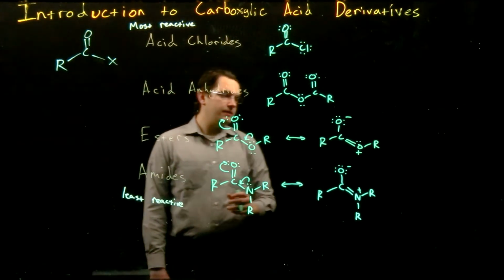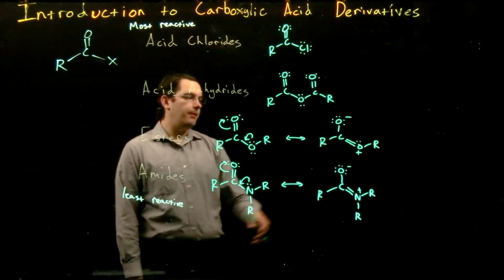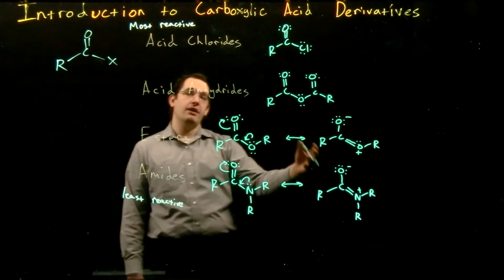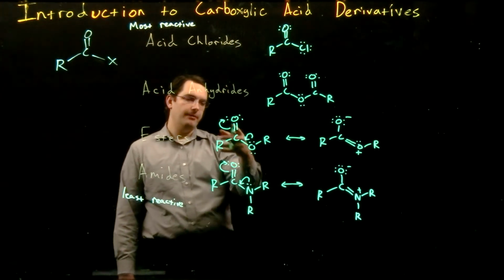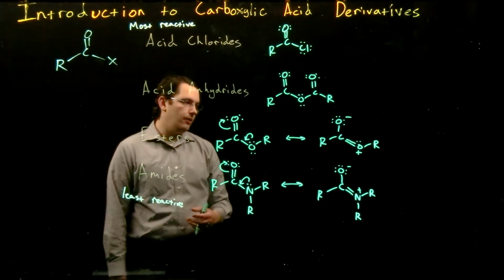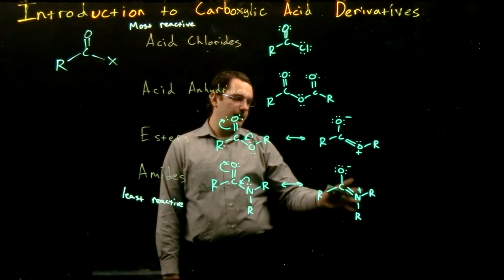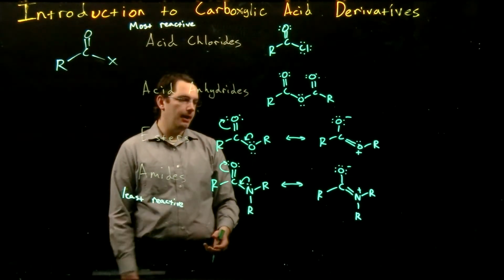Again, this will be a minor resonance contributor, and in this case we have a positive charge on our oxygen. So while our oxygen will share some electron density in, so we can share electrons between our two oxygens, this will be a more minor resonance contributor compared to our amide.